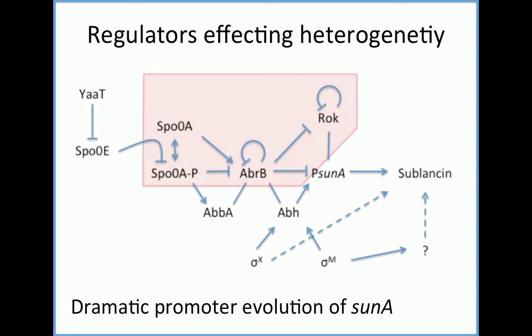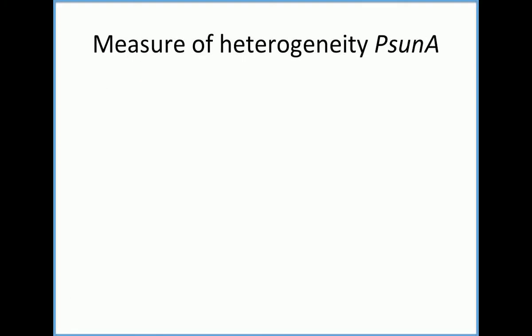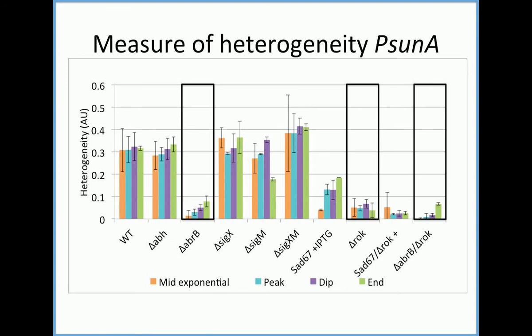AbrB also autoregulates itself by repressing itself. AbrB represses Rok, which is an H-NS-like protein and binds to AT-rich regions on the genome, so foreign regions of DNA. It also represses itself, and these two genes repress sunA. And as you will see here, this is the wild type, and as you can see, this is quite heterogeneous because you've got very large bars.